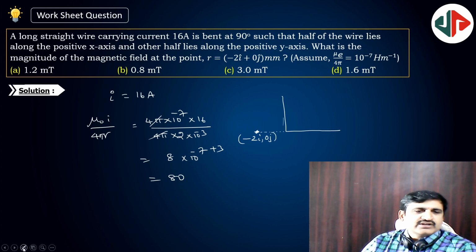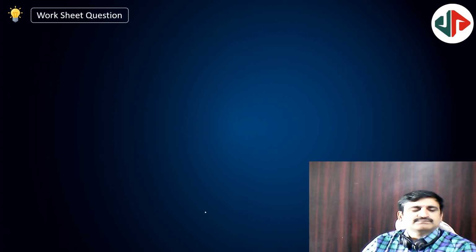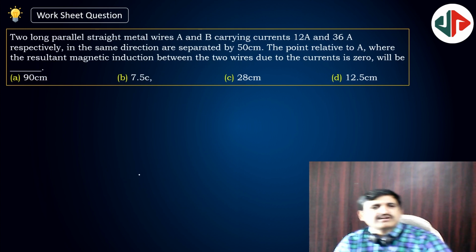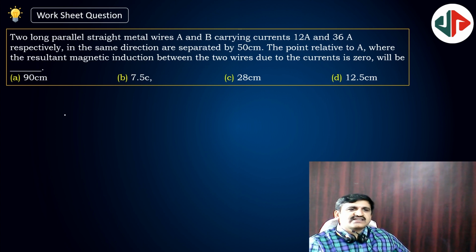So 8 into 10 to the power of minus 4, that means 0.8 millitesla, that is 0.8 into 10 to the power of minus 3 Tesla. So option B.